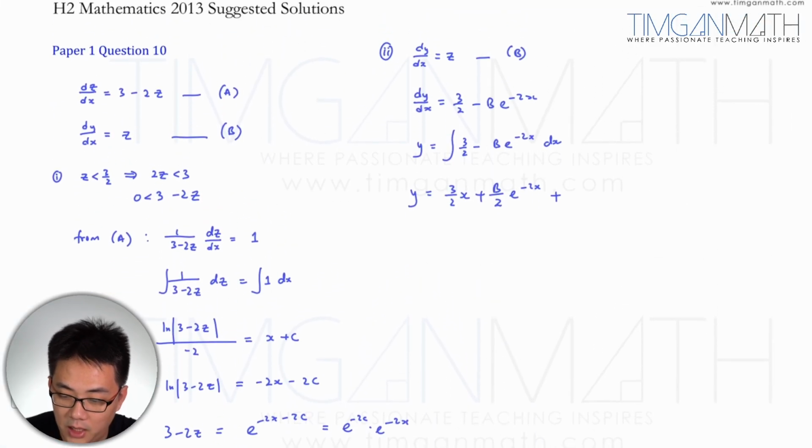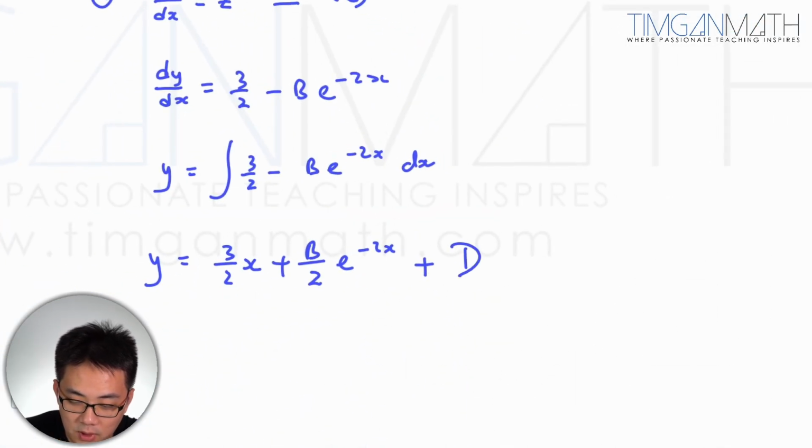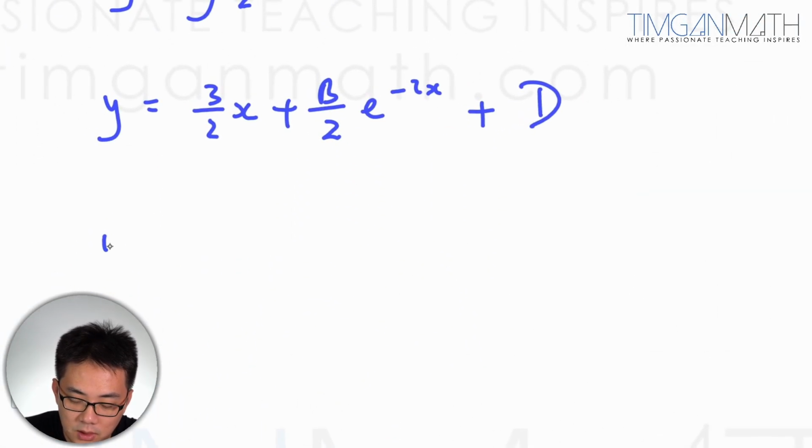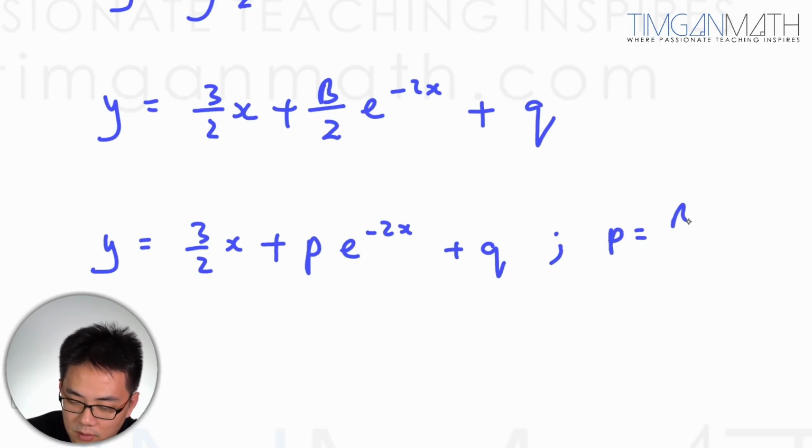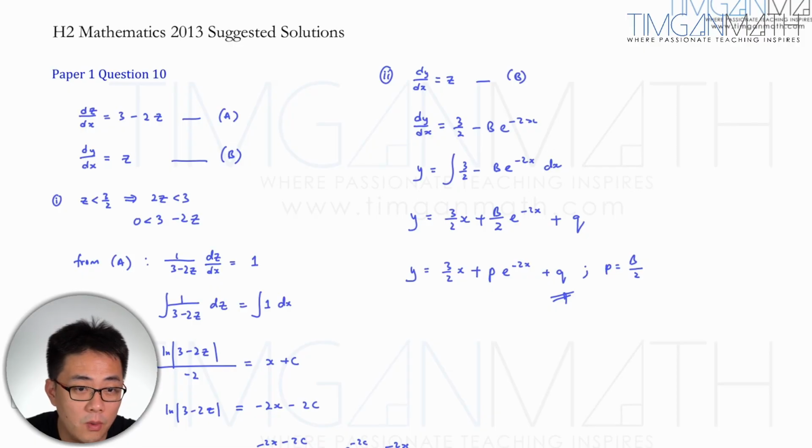But we used a c just now, so just put a d here. So y equals 3 over 2 x plus, maybe I put this as P, e to the power of minus 2x plus d, where P equals B over 2. So this is how you find y in terms of x.